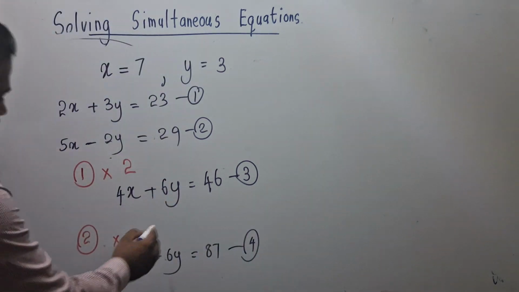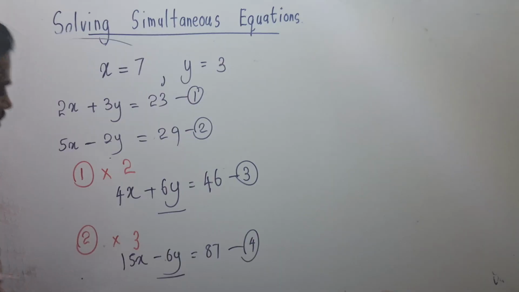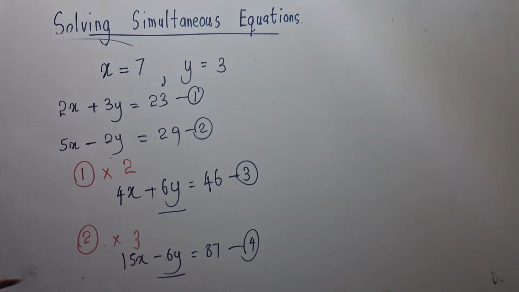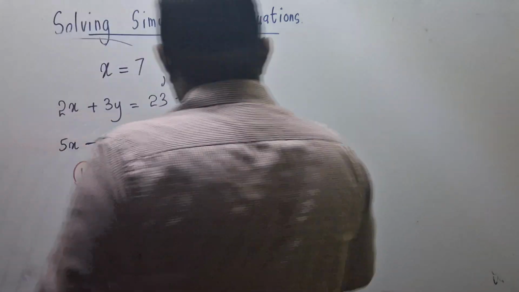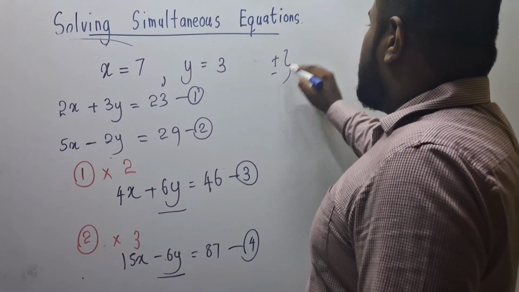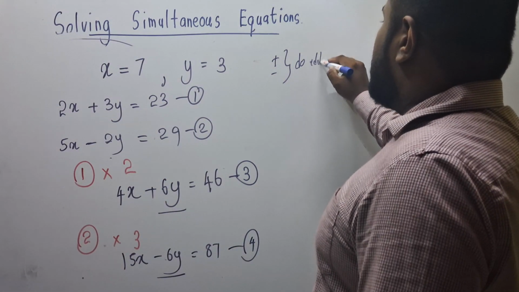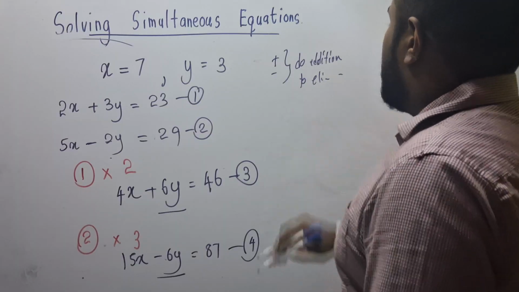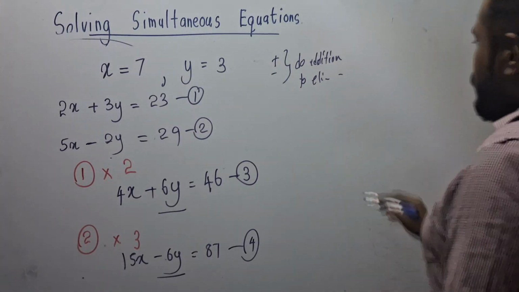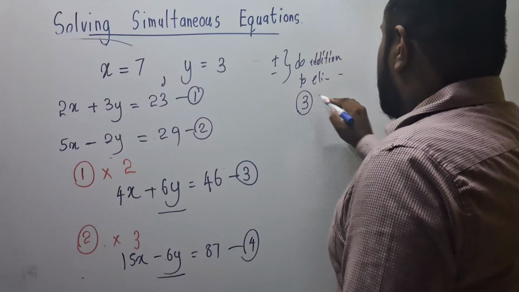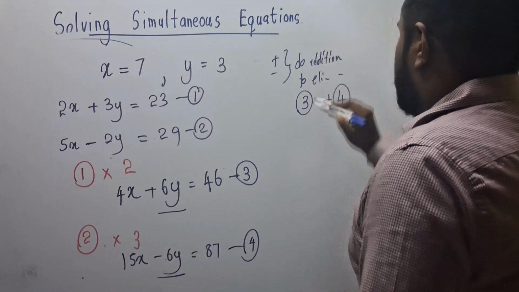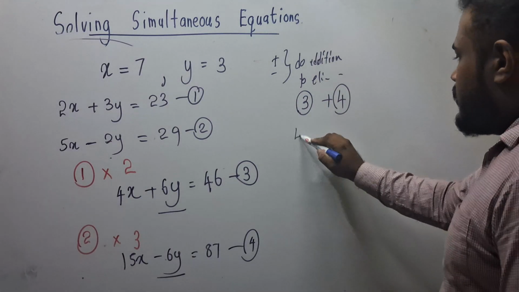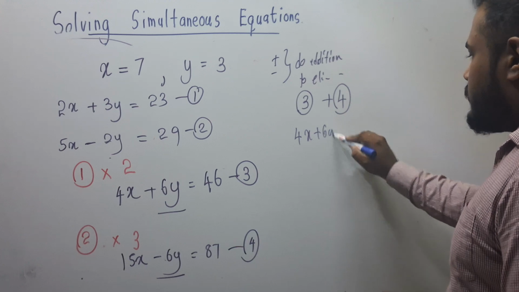Now can you see this plus 6y and minus 6y are similar coefficients but with different symbols? So what we have to do now is, if the format is plus and minus, do addition to eliminate. So I am adding the third equation with the fourth equation. The third equation is 4x plus 6y.